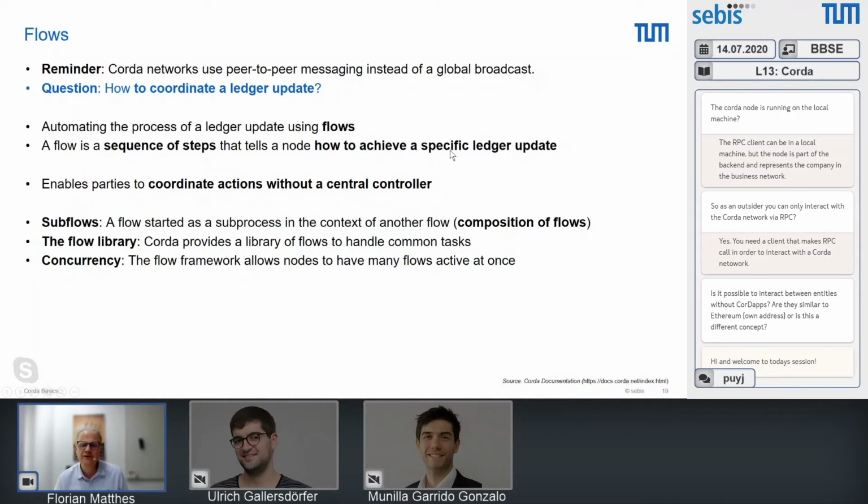And the important point is there's no central workflow engine to which I submit it. Instead, the parties themselves have to deploy the necessary flows to execute this operation.